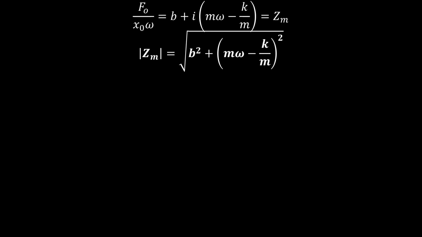Mind you, we've done some mathematical manipulation again, and we have this. Finally, this is our magnitude of the mechanical impedance, which is the square root of b squared plus (m omega minus k over omega) all squared.